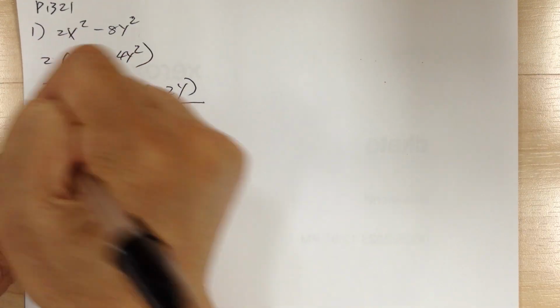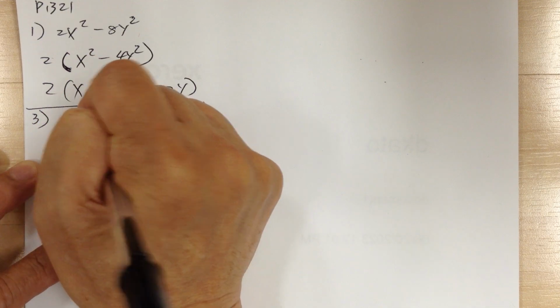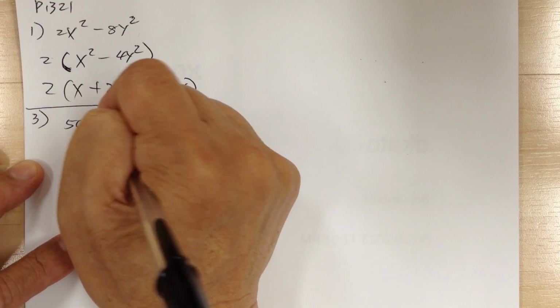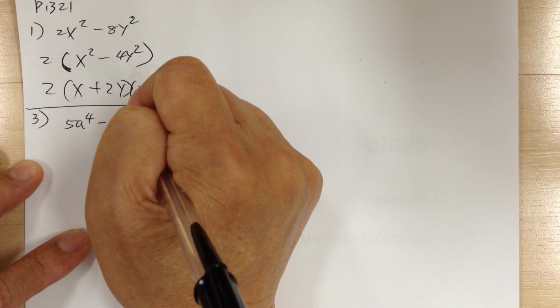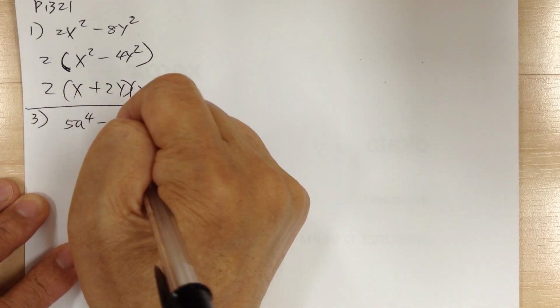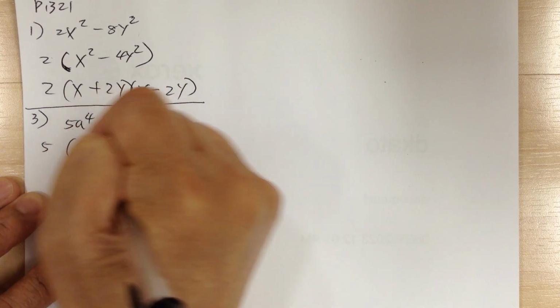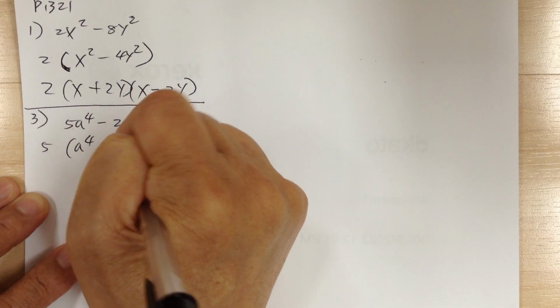Okay, let's go to the next one. You have 5a to the 4 minus 20b squared. So step 1, common factor, 5 and 20, you can factor out the 5. So you're going to get a to the 4 minus 4b squared.